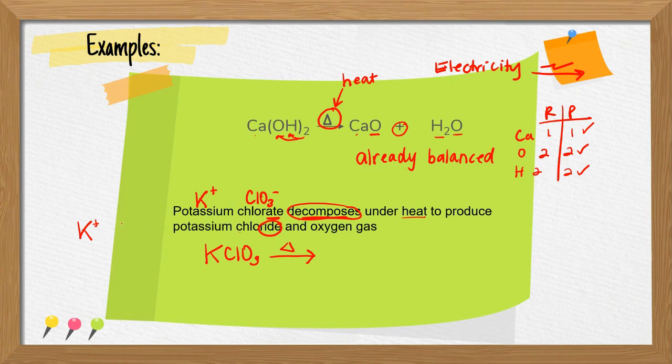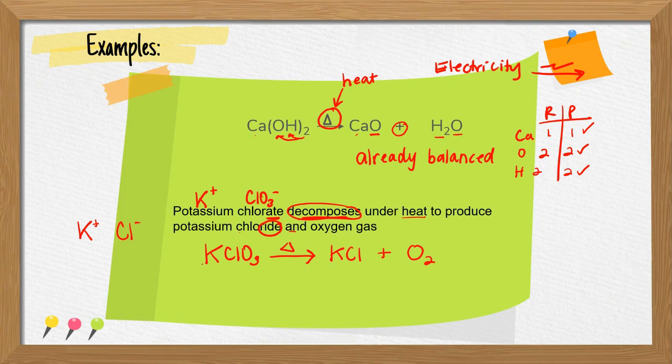That means it's just chlorine as an ion, Cl minus 1. Notice the chlorine is not diatomic when it's an ion. It's only diatomic when it's an element. So K plus Cl minus just makes KCl. And that's our plus sign, oxygen gas. That's one of those 7 diatomics, so we're going to make that O2.